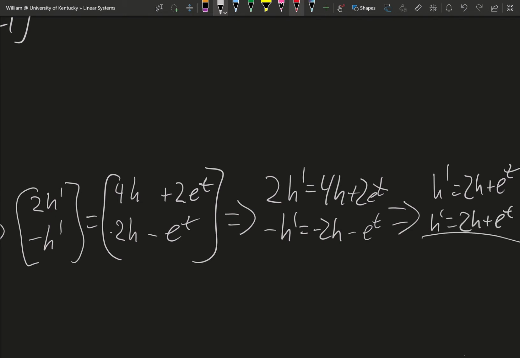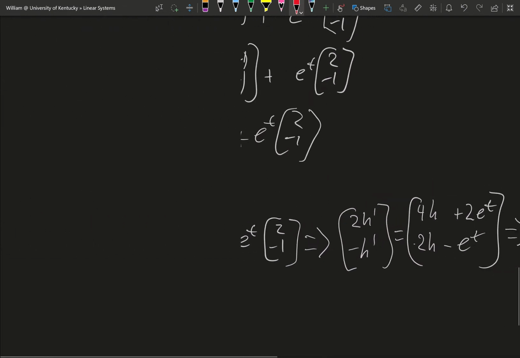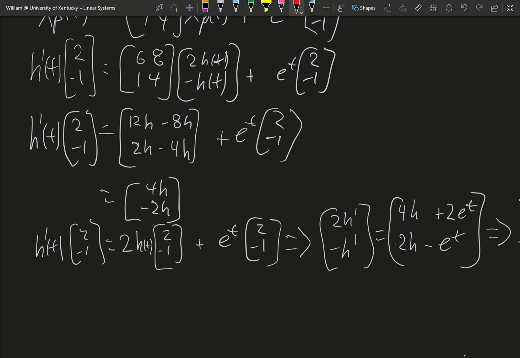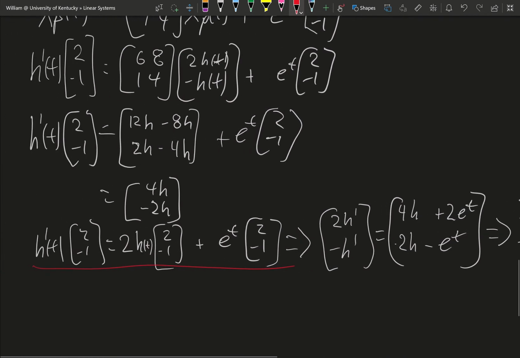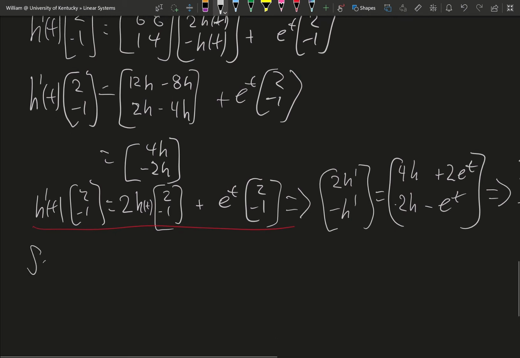Okay, so take a look at this, sort of what we started with. This equation here, which is both of them essentially, is represented here if I just ignore the same vector (2, negative 1). So really all that we're going to do is solve h prime equals 2h plus e to the t.